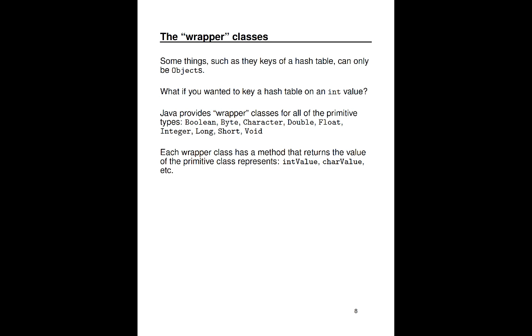I think some people would argue that in hindsight it wasn't that important, but it does allow some very compact storage, and you can work with primitives more easily and with less overhead than you can objects. But what happens if you want to use an int or a double as something like the key to a hash table? The hash table API, which we'll learn about in a different set of slides, only takes objects.